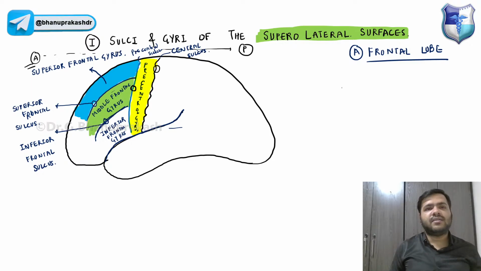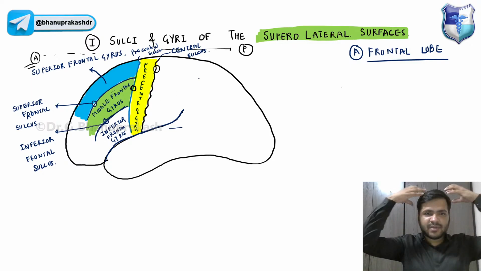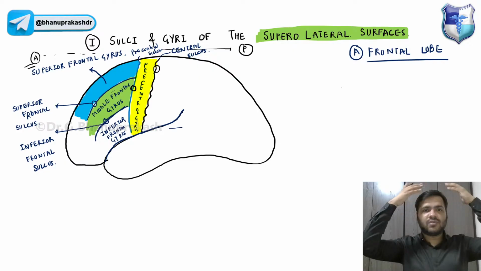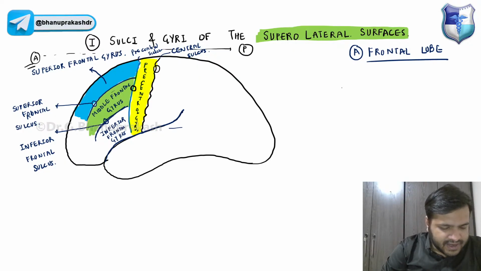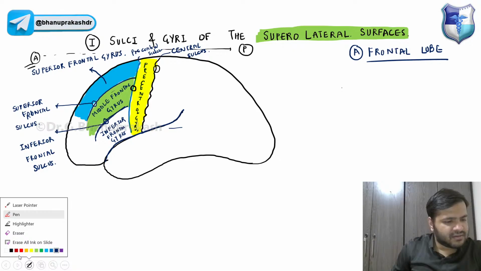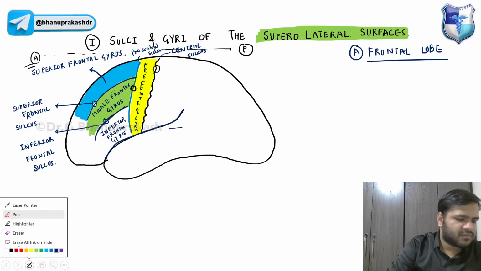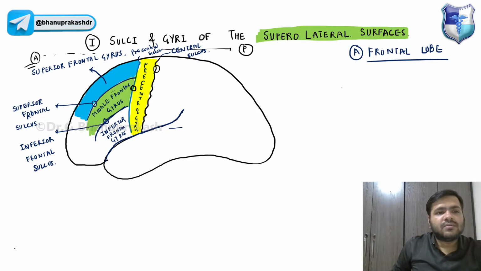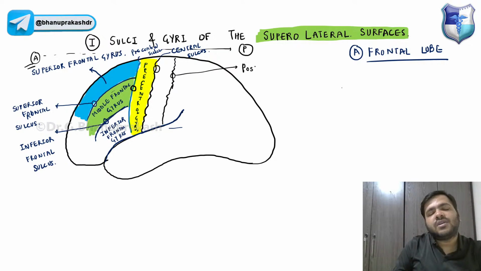Now guys, just try to look at this. Peeche wale jo lobe hai, parietal matlab upar wala lobe ho gaya na, aage frontal ho gaya. Parietal lobe mein jo important wala hai, toh isi central sulcus ke peeche guys, you will have another sulcus over here, and this sulcus is called the post central sulcus.